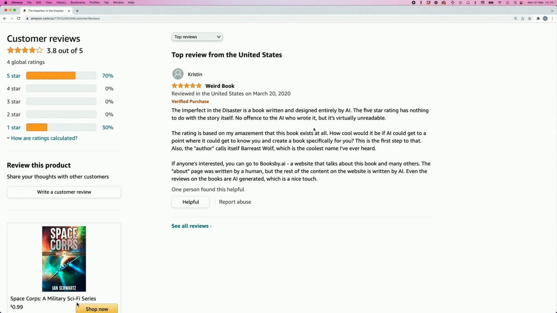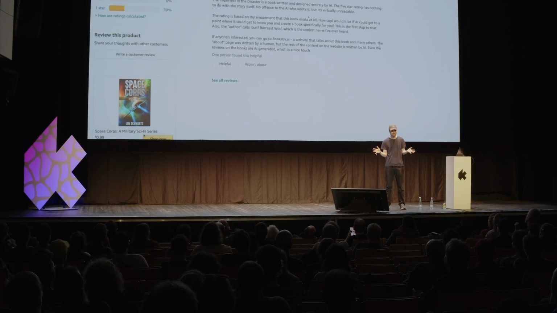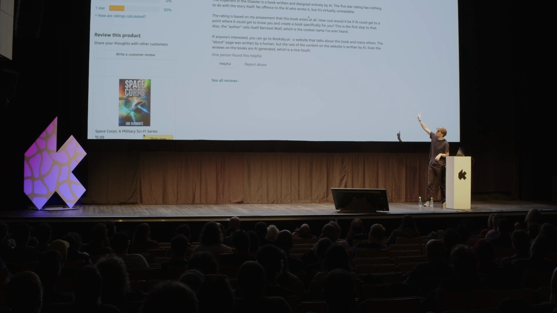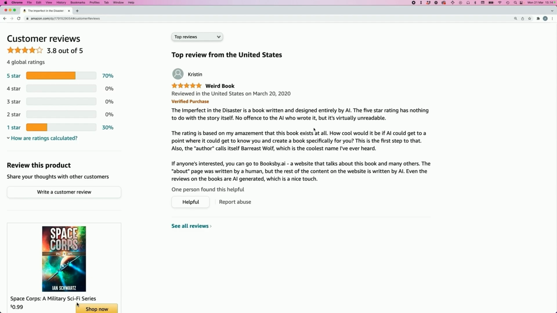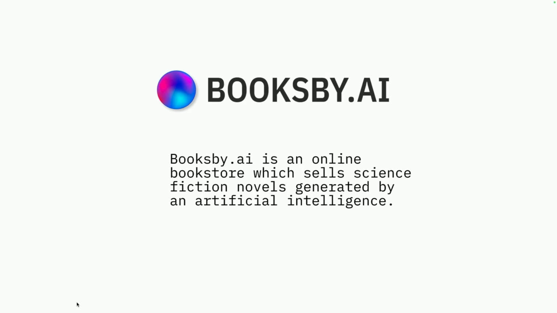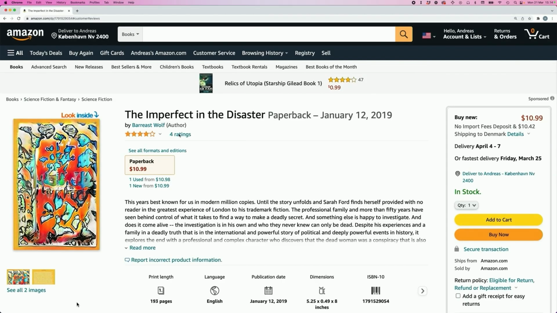Like each sentence is fine on its own. And now real people are sort of buying them and reviewing them, and typically giving 5 stars because they think it's an interesting concept, or 1 star because it's a very bad reading experience. Yeah. So books by AI, the books are not that good, but the reviews, the fake ones, are really good.